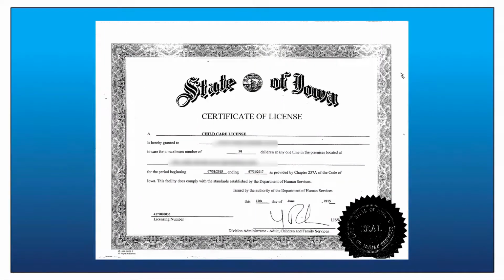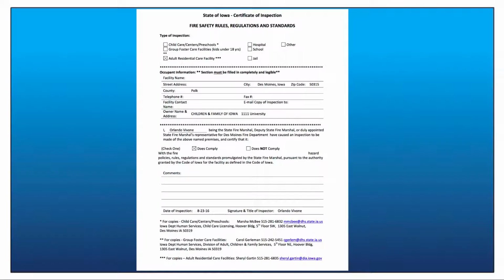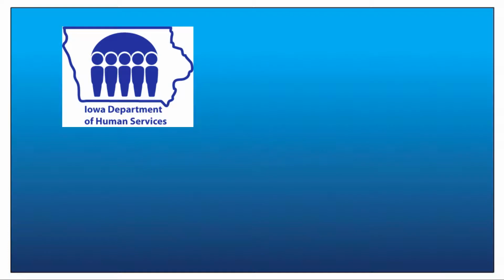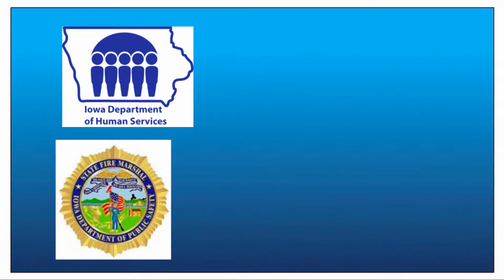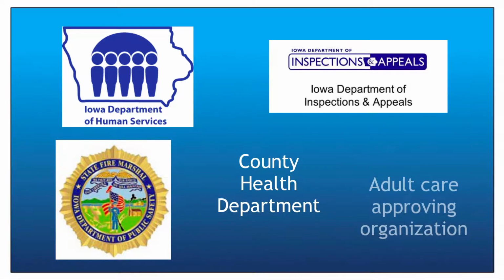Keep the center's child care license, adult care center approval, or health and safety inspections, including correspondence related to renewal, in the permanent file. These documents and records of correspondence will come from the Department of Human Services, Fire Marshal, Department of Inspections and Appeals, County Health Department, or Adult Care Approving Organization.